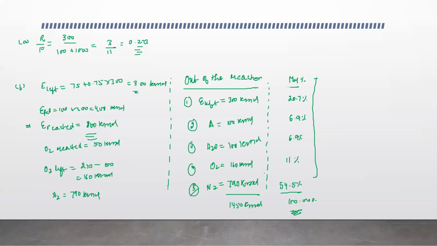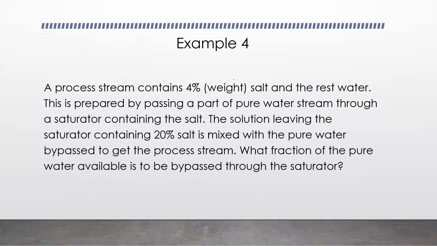Therefore, we have 210 minus 50 left, which is 160. So we have got whatever we have out of the reactor, and then we found the mole percent of each. All right. So hope this problem is clear to everyone. So once we are done with this, let's move on to example number 4.